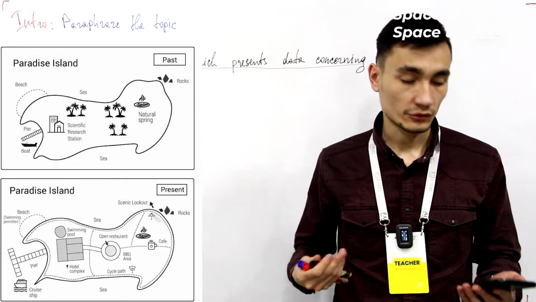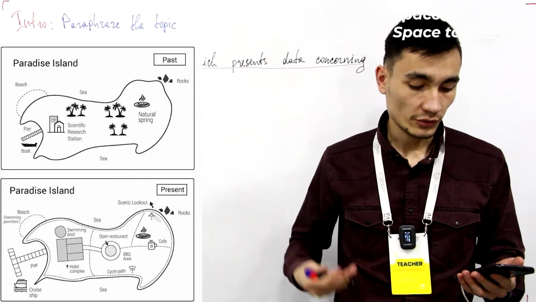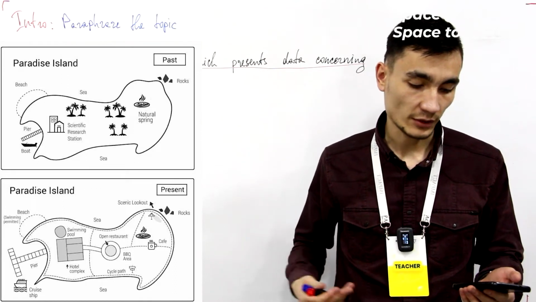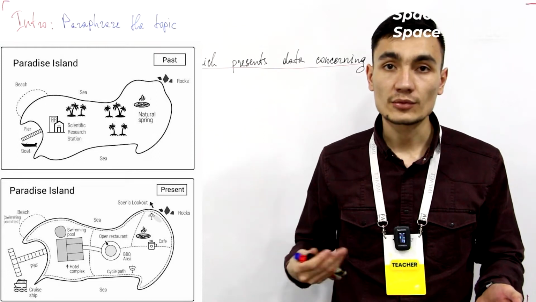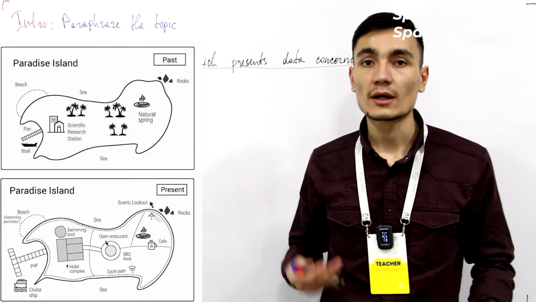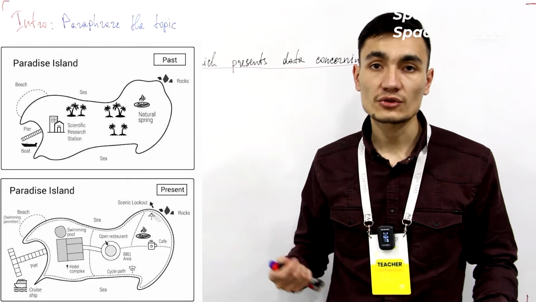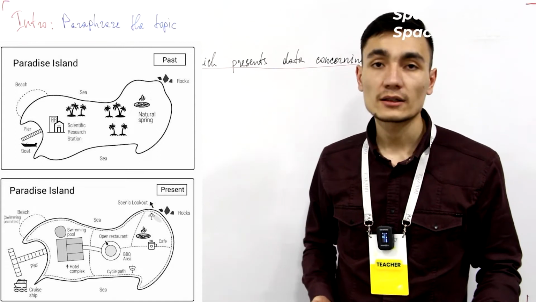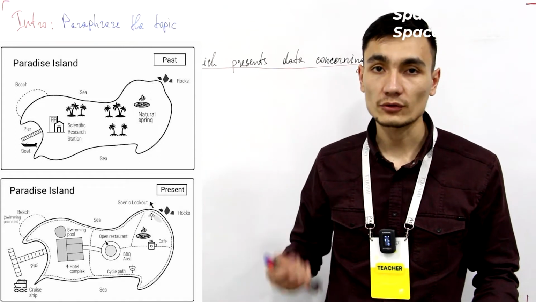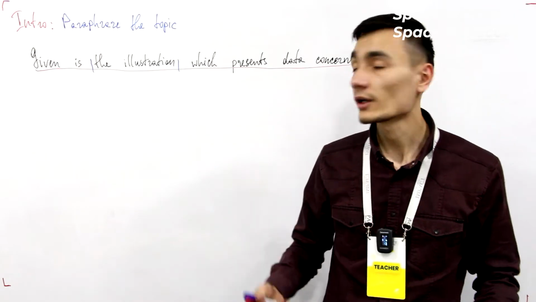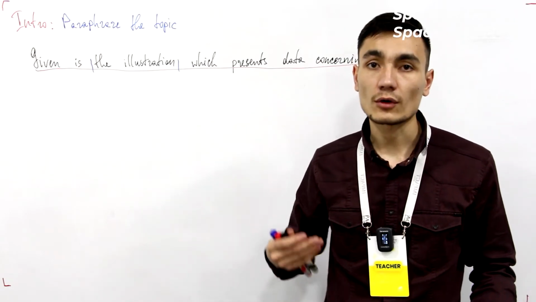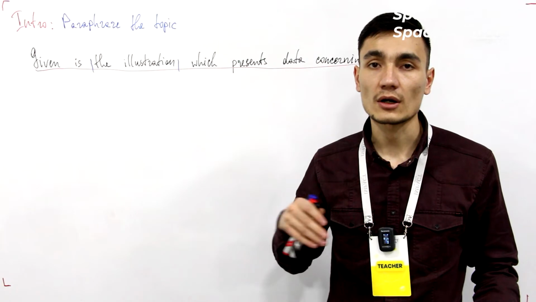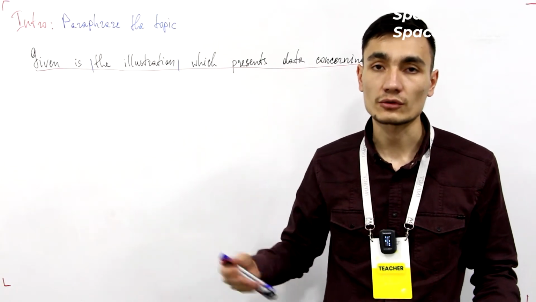And as you see, the topic shows Paradise Island in the past and at present. So the picture is showing Paradise Island in the past and at present. So we have to paraphrase it properly to gain a high score from our task achievement, coherence and cohesion, lexical resource and grammatical range and accuracy scores too.